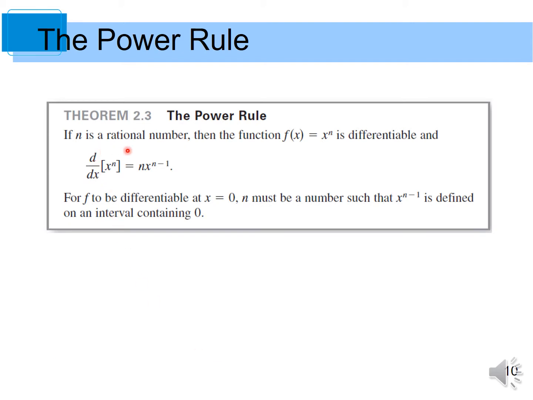If n is a rational number, then the function f(x) equals x to the n is differentiable, and the derivative of x to the n with respect to x is equal to n x to the n minus 1. For f to be differentiable at x equals 0, n must be a number such that x to the n minus 1 is defined on an interval containing 0.